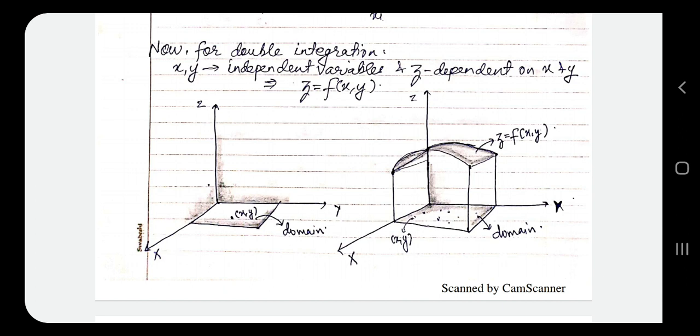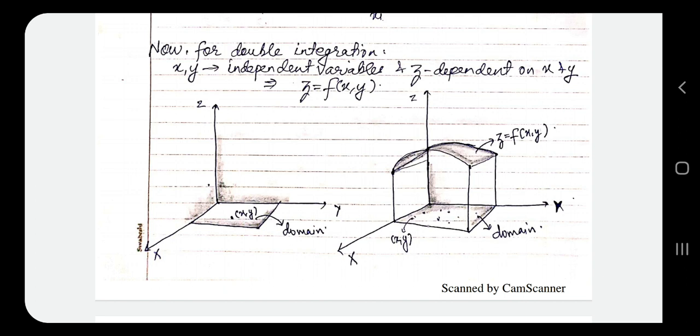The second diagram says that for every point I have lifted along the z axis, I have got a z coordinate which lifts that surface along the z axis. This is the 3D structure I have obtained, just by dropping a projection of that surface on the xy plane, which will be bounded by my domain boundaries.